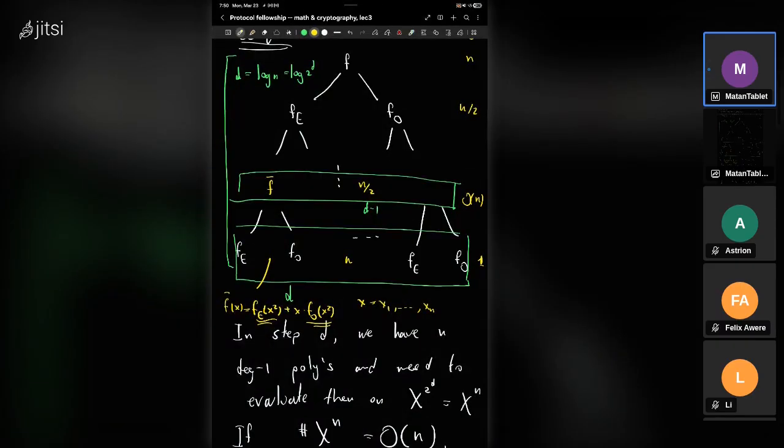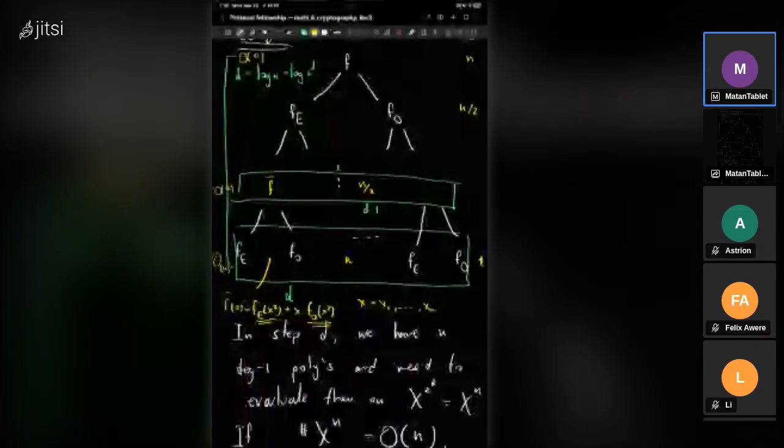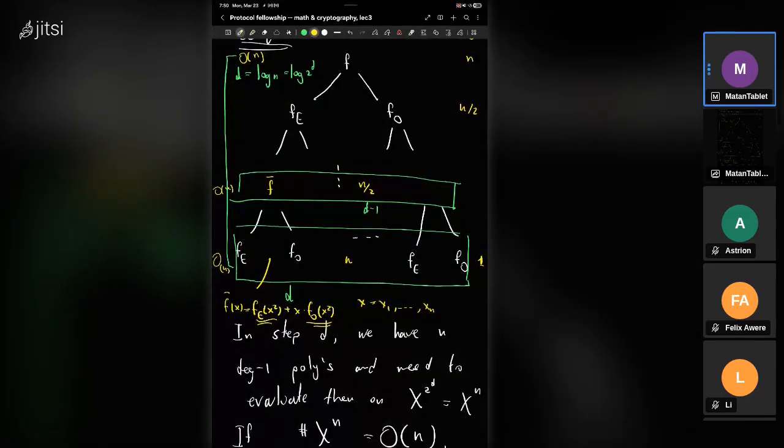O of n here, O of n here, O of n here. And so once I climb back up the recursive tree, in order to calculate f with all the previous information, f will be just a degree 1 polynomial expressed with the coefficients fe and fo.